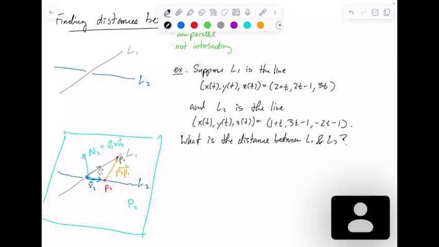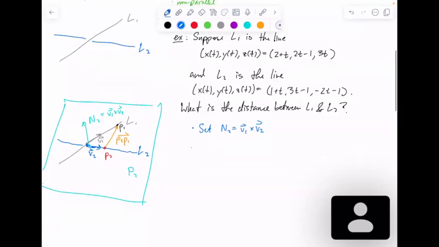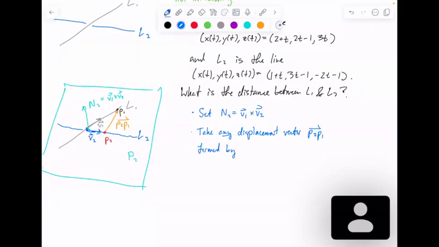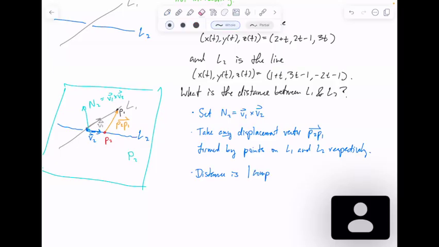So the strategy here is set n2 to be equal to v1 cross v2, and then you want to take any displacement vector, say p2, p1, or p1, p2, doesn't matter, formed by points on L1 and L2 respectively. Then the distance is the absolute value of the component, or the scalar projection, of your displacement vector, p2, p1, along your normal direction.